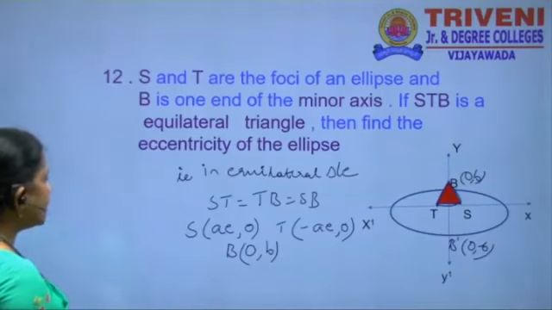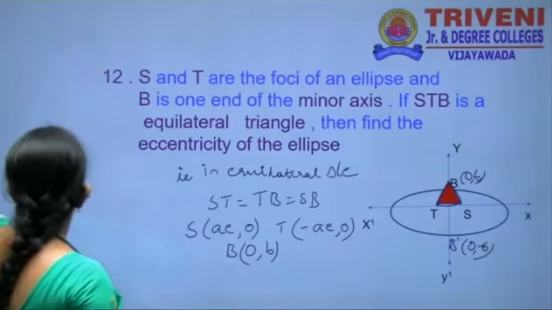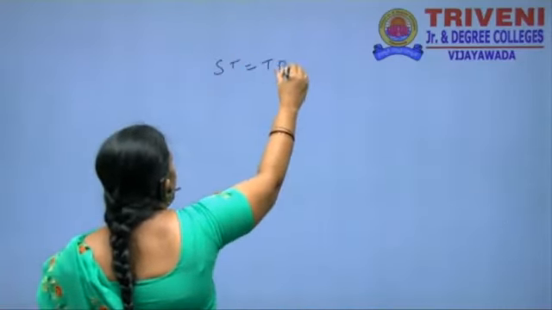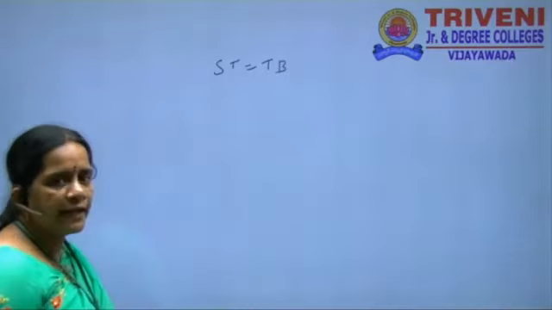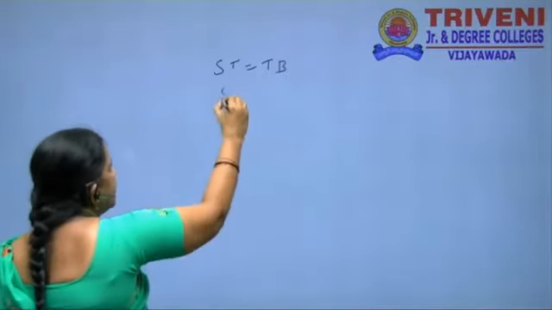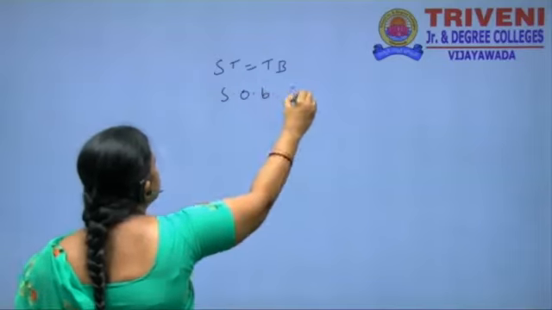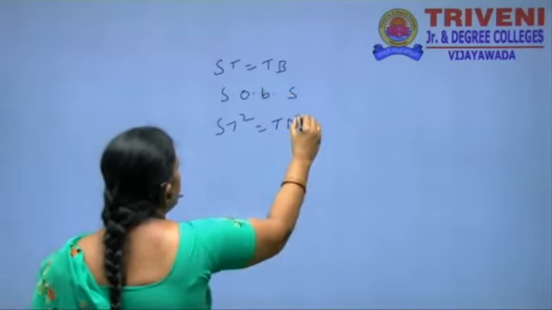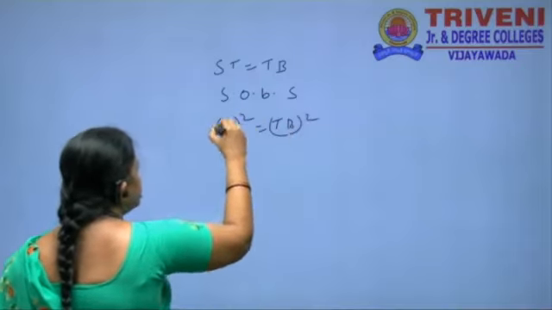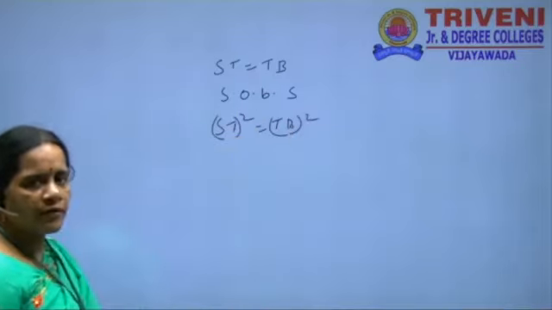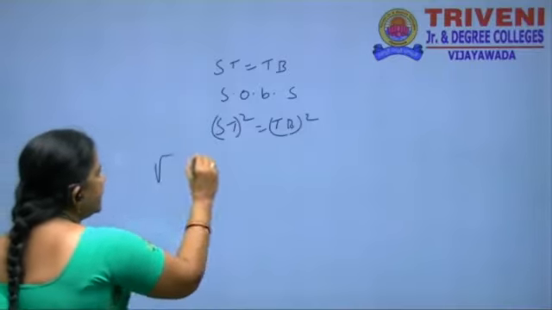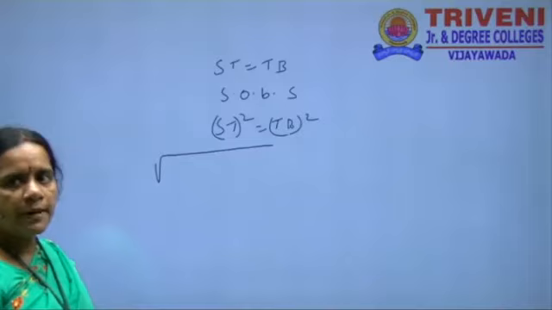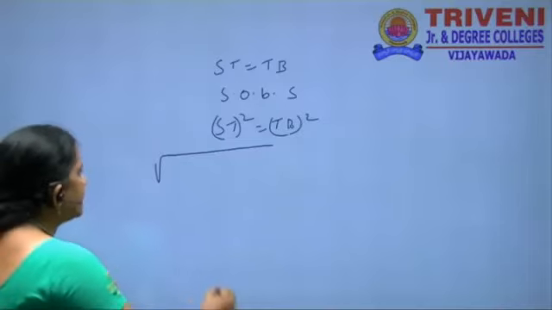Taking ST is equal to TB. Already you know the values of S, T and B. Then squaring on both sides, we get ST whole square is equal to TB whole square. The distance between S and T is square root of x2 minus x1 whole square plus y2 minus y1 whole square.